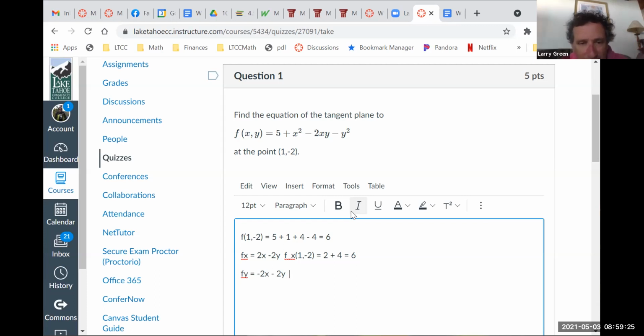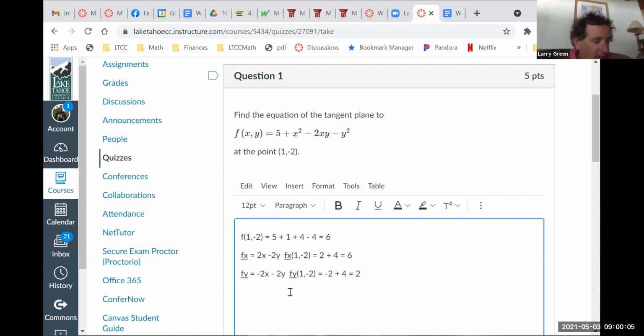So f sub y of 1 comma negative 2. If x is 1, we get negative 2 times 1 is negative 2. And if y is negative 2, you get minus 2 times negative 2 is plus 4. And that gives you 2.